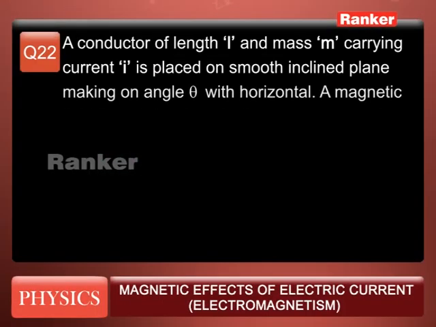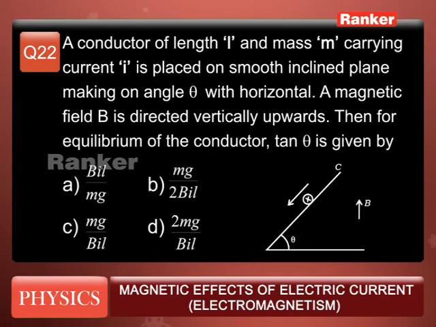This problem also is one of the excellent model questions we have. A conductor of length L and mass M carrying a current I is placed on a smooth inclined plane making an angle theta with the horizontal. A magnetic field B is directed vertically upwards.